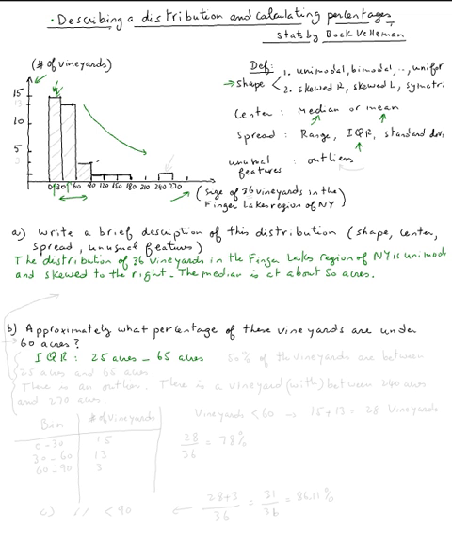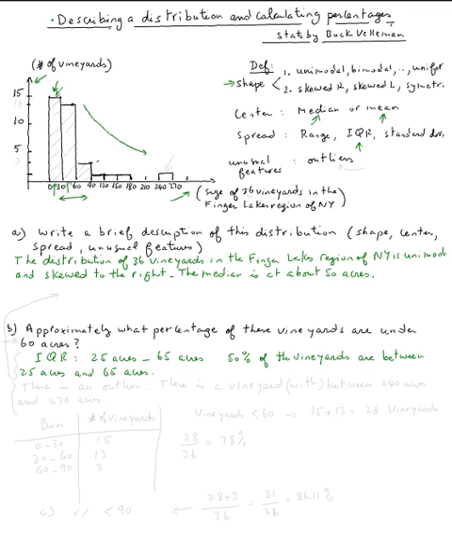In other words, 50% of those 36 vineyards have sizes between 25 acres and 65 acres. It doesn't have to be perfect, we're just estimating.